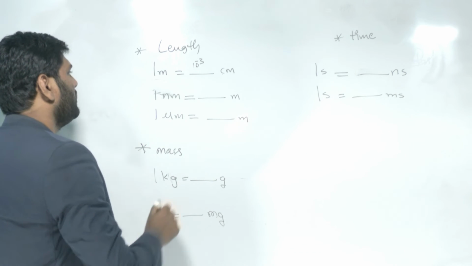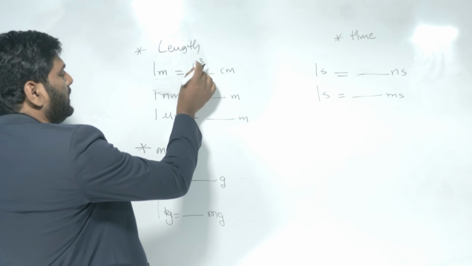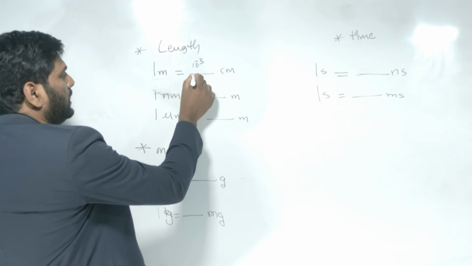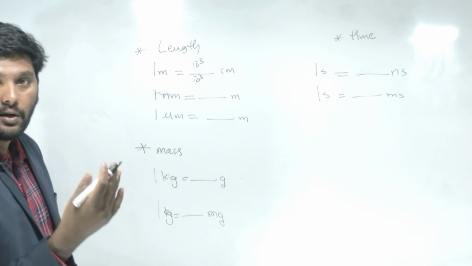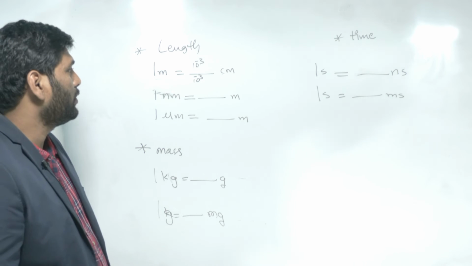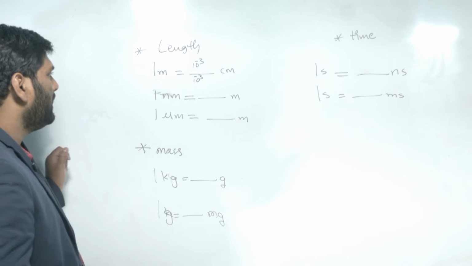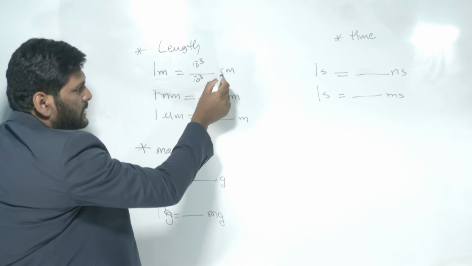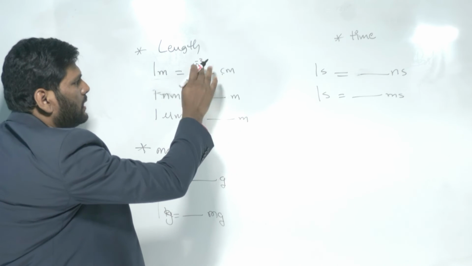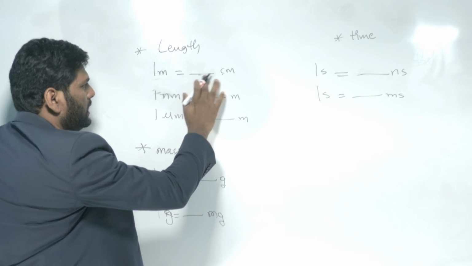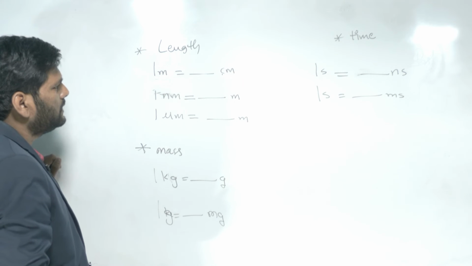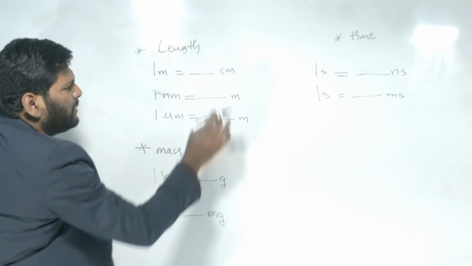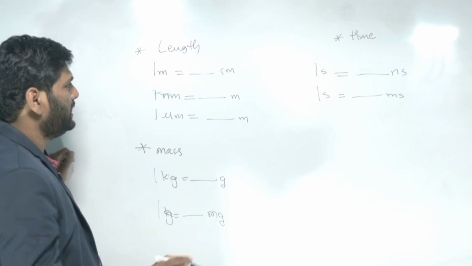So when it is 10 power minus 3, divide and multiply with 10 power minus 3. Okay, I'm doing it in a wrong way. Centi means what? 10 power minus 2, right? Yeah, 10 power minus 2.